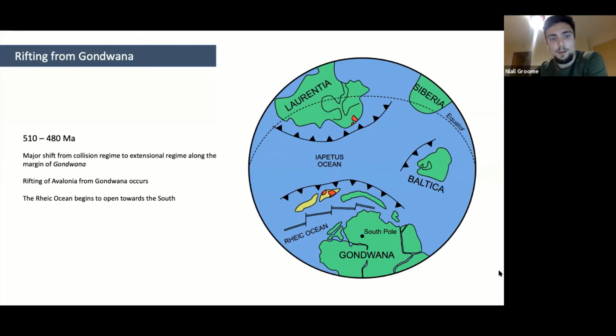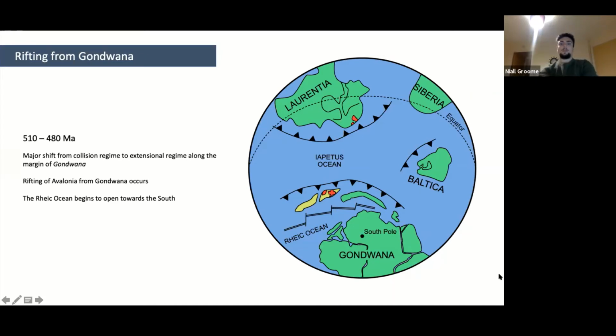Now we've started to get into a rifting phase. And Avalonia, along with other terrains as well, so terrains like Cadomia, for example, which are pretty similar to Avalonia but they just occur spatially further away, start to rift northwards.